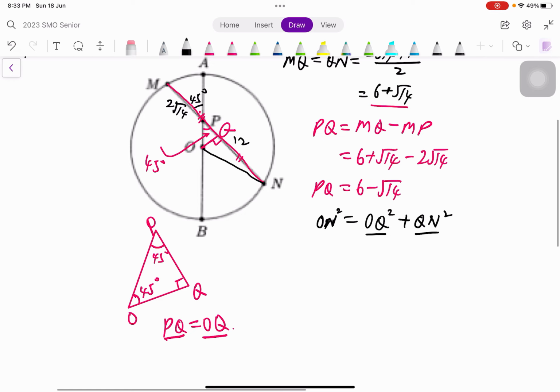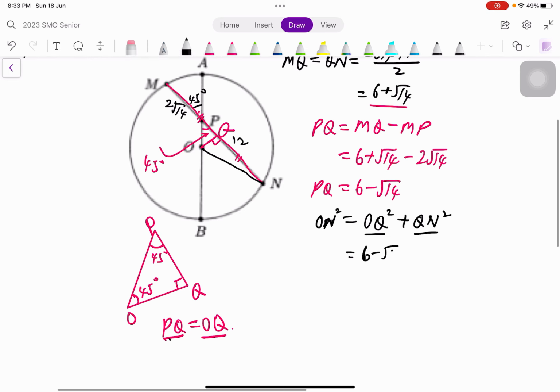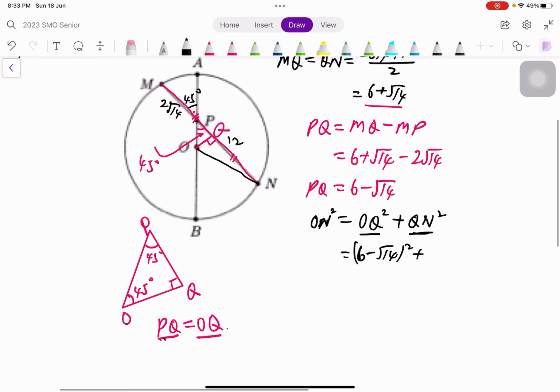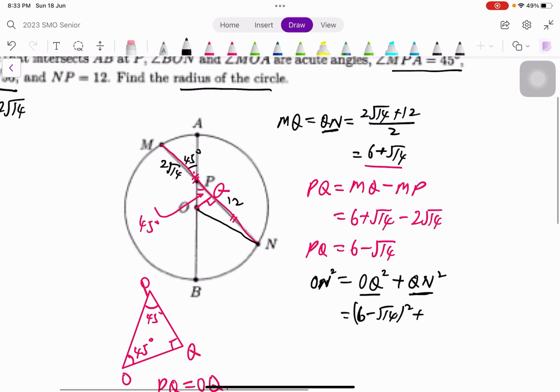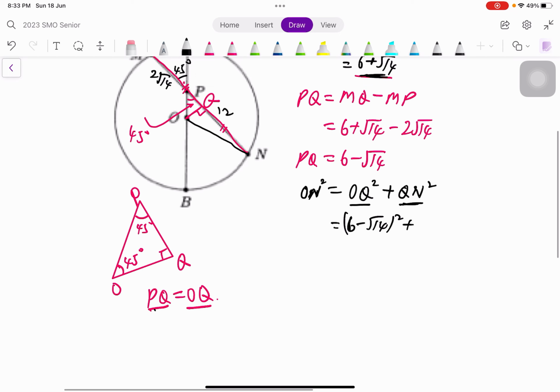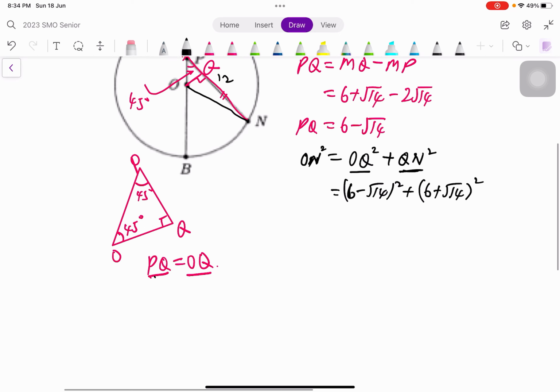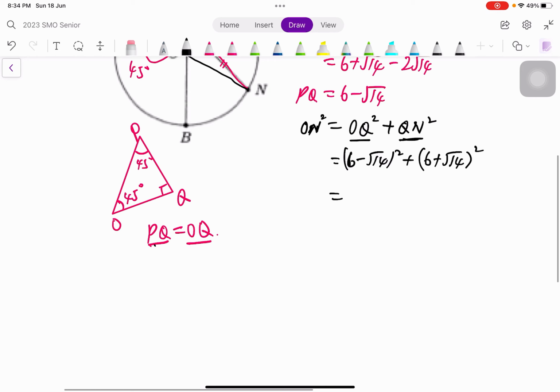And then OQ is equal to PQ. Therefore, this would be 6 minus square root 14, and then you square it. And then what is QN? QN is actually 6 plus square root 14. Therefore, this is 6 plus square root 14, squared. And then when you expand, I think you will know.